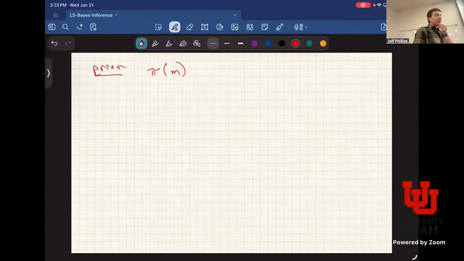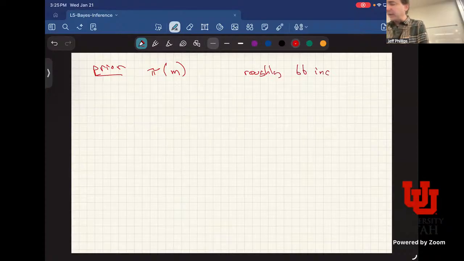Okay, so we're going to talk about an example where we gather the height of a bunch of people, but we want to say, I have prior knowledge that I think the average height of a person is roughly 66 inches.